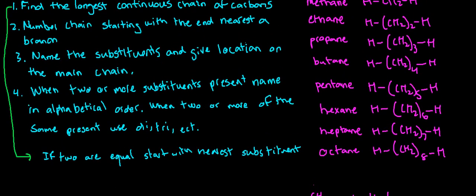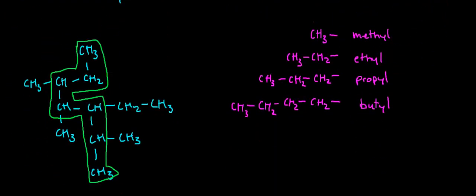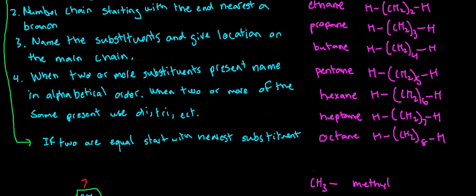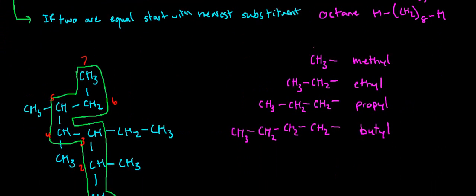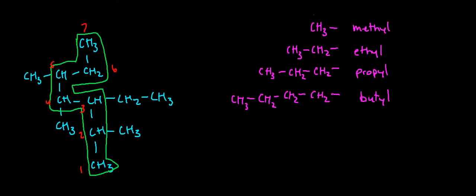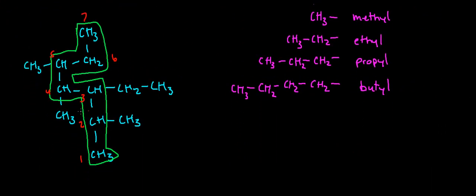Number the chain, starting at the end nearest a branch. So this is the nearest branch. So I'm going to number this 1, 2, 3, 4, 5, 6, 7. So I've numbered all the carbons. Now I continue on to the next step. Name the substituents and give location on the main chain. The substituents is another name for the branches.